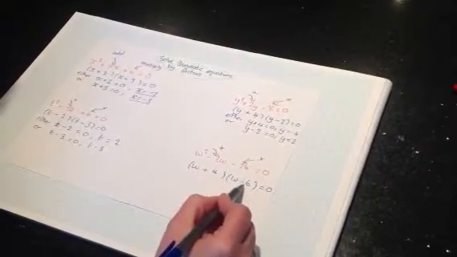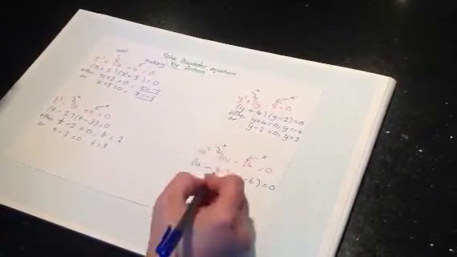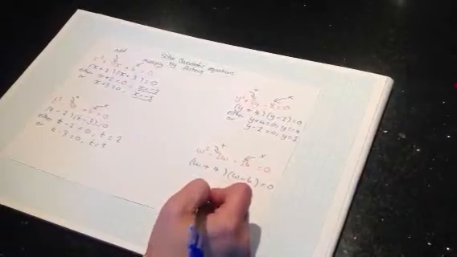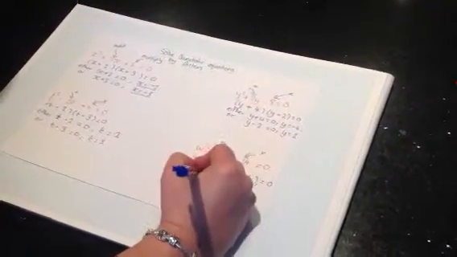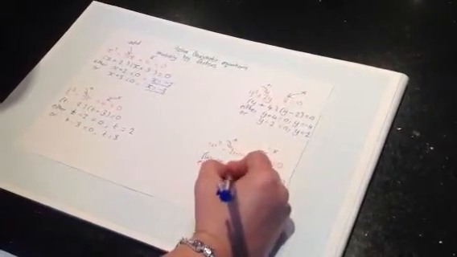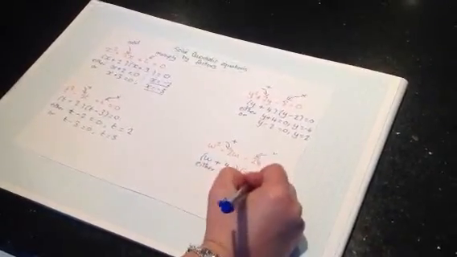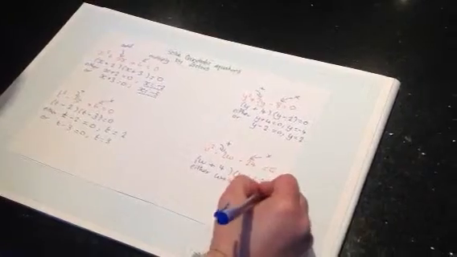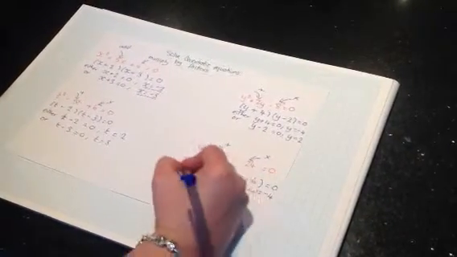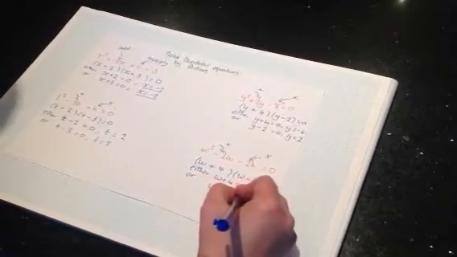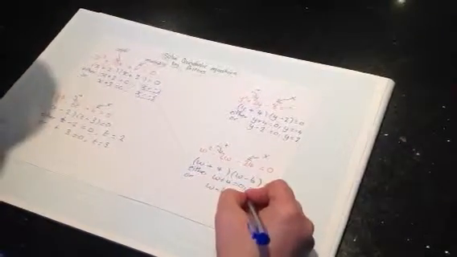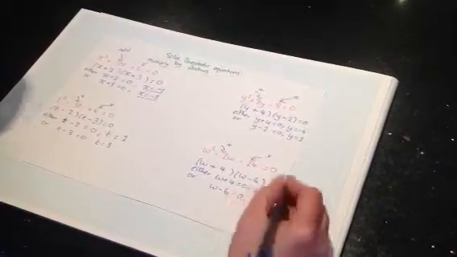Plus 4, take away 6, gives me minus 2, and plus 4 multiplied by minus 6 gives me minus 24. So, either w plus 4 equals 0, in which case w equals minus 4, or w minus 6 equals 0, in which case w equals 6.